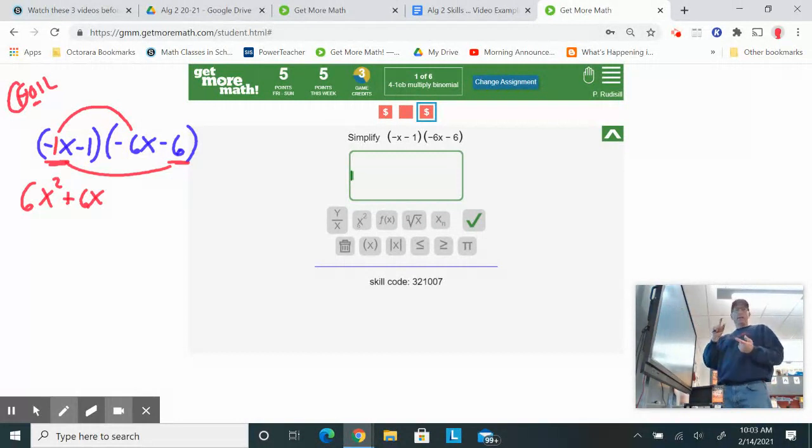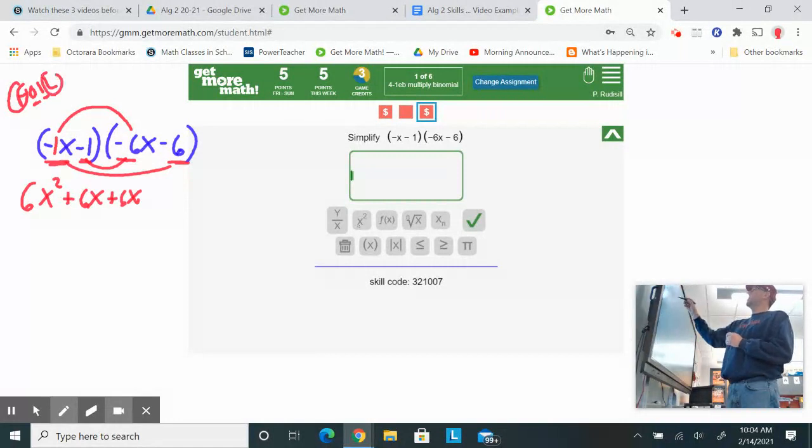Common mistake: be careful of the negatives, and be careful with your variables, what you're multiplying there, so you don't miss anything. Then I go to the inners. The inners will be the inside term here, negative 1 and negative 6x. Negative 1 times negative 6x is positive 6x. And then the last will be the negative 1 times the negative 6, which is a positive 6.